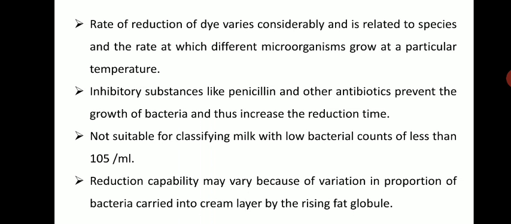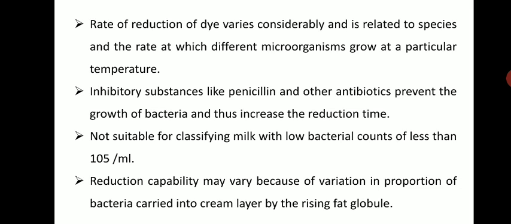As there are advantages, there are some disadvantages for this test. The rate of reduction of dye varies considerably, and it is related to species and the rate at which different microorganisms grow at a particular temperature. So basically, the reduction potential of this dye varies as the microbes change, and it definitely depends upon which type of microbes are present in milk.